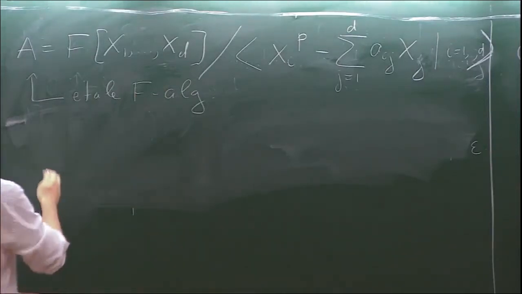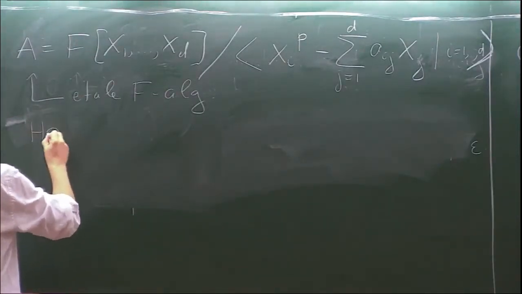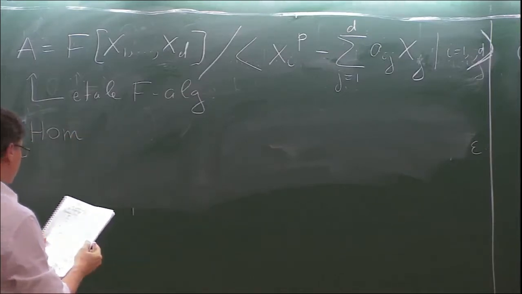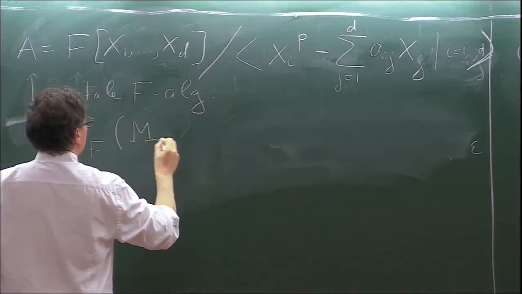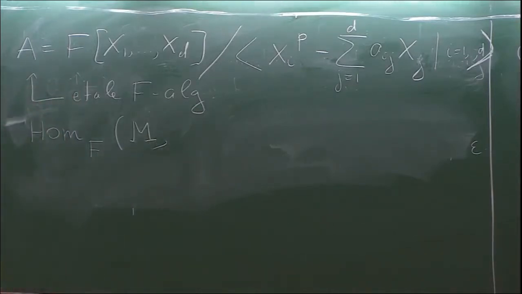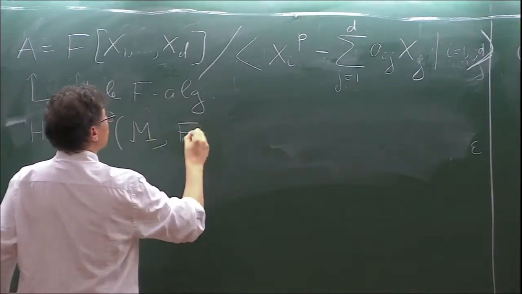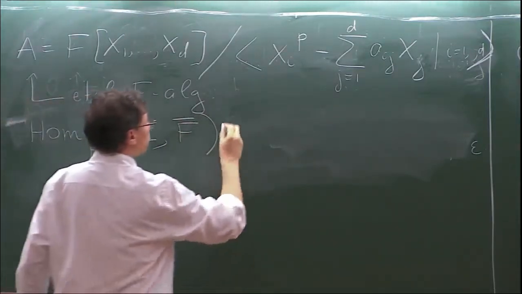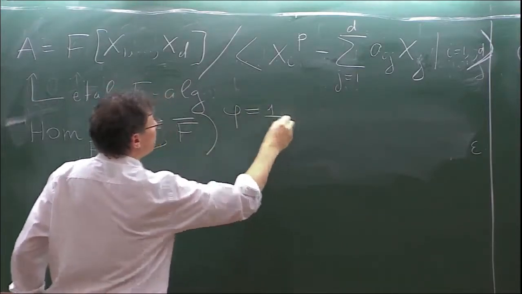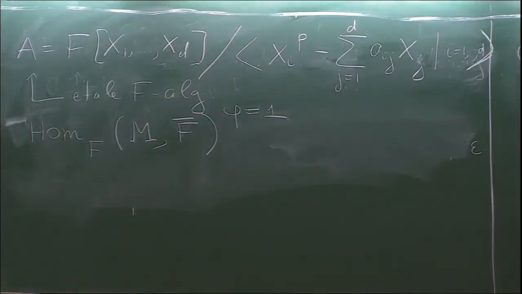And also, if we are interested in the homomorphisms over F from M to the algebraic closure of F, we consider only homomorphisms fixed by the Frobenius.